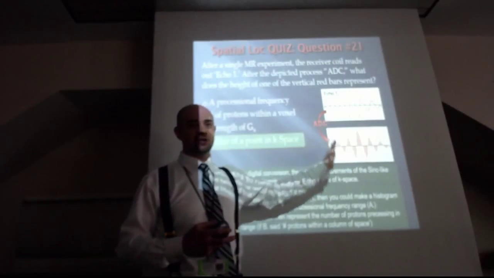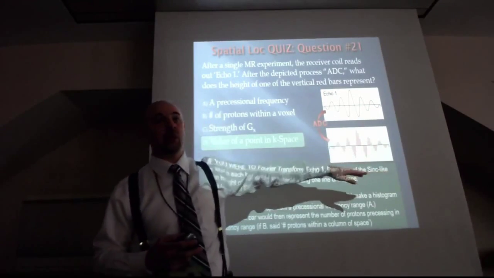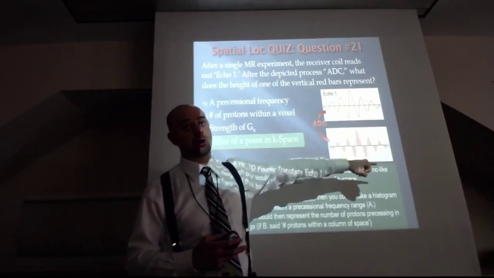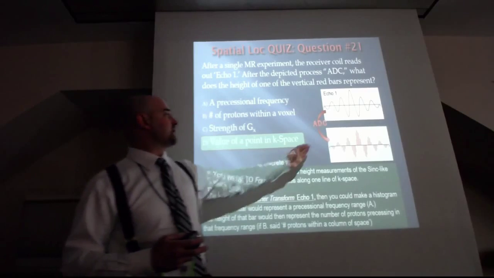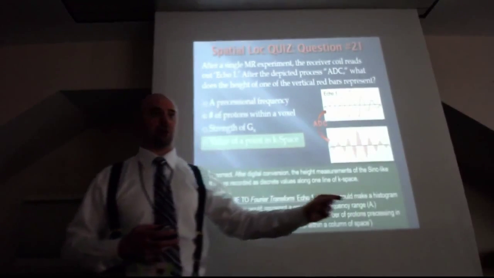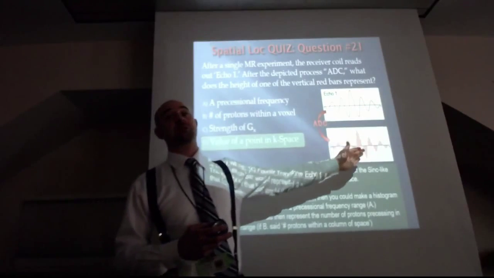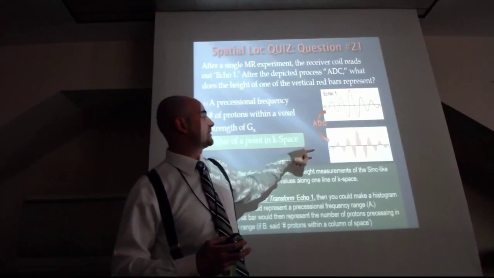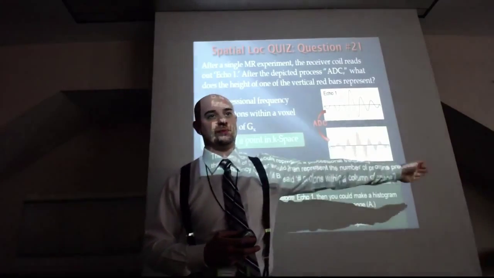Then these digitized values, -1, -5, 5, and so on, are going to be plotted along a single line of k-space, okay? So the heights of these bars are going to be the numerical values in k-space. Let's say this is your first echo. Then along the 0th line of k-space, you're going to have these numbers.